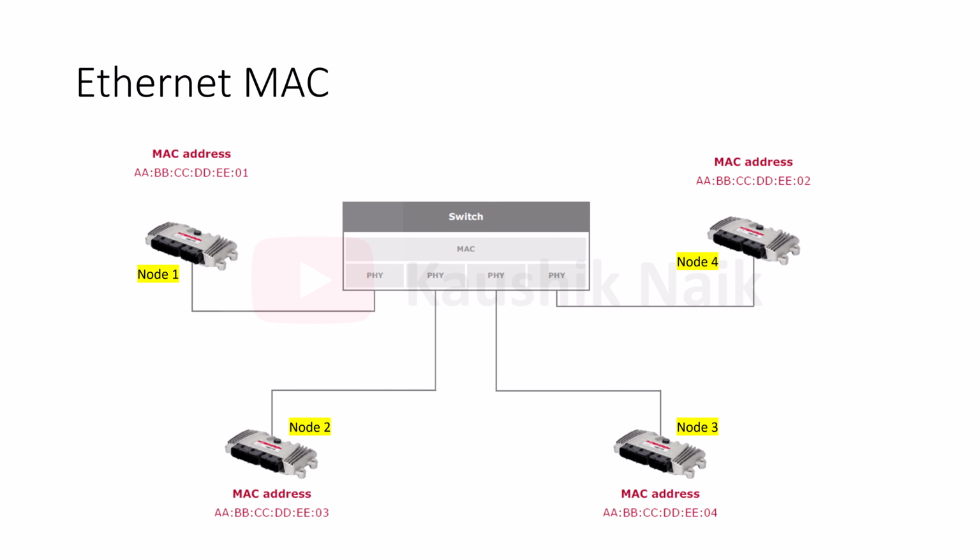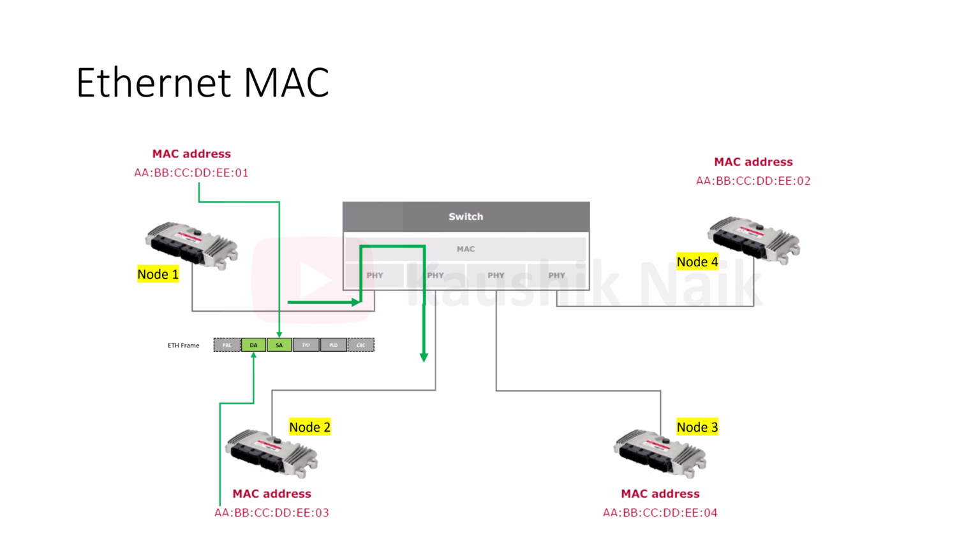Let's now understand how the communication at the data link layer happens. Consider 4 nodes connected over a switch. Each node has a different MAC address. If node 1 wants to send data to node 2, the Ethernet frame will have the source MAC address of node 1 and the destination MAC address, which will be the MAC ID of node 2.